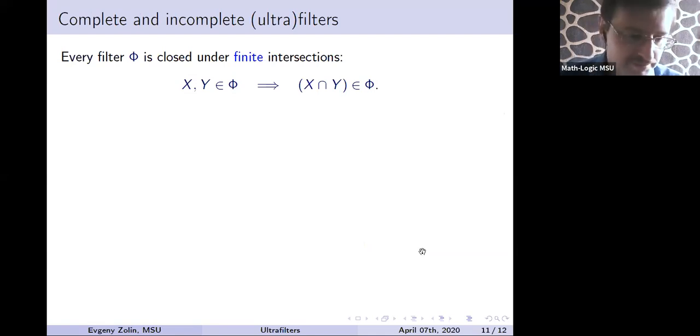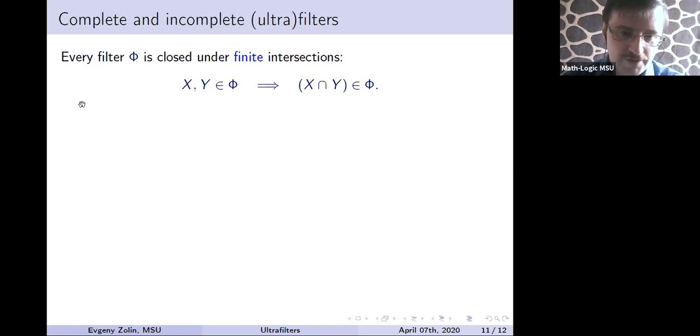A final notion: complete and incomplete filters and ultrafilters. These two notions are applicable to filters and to ultrafilters, of course. So in the definition of a filter, we have that if two sets are in the filter, then the intersection is in the filter.